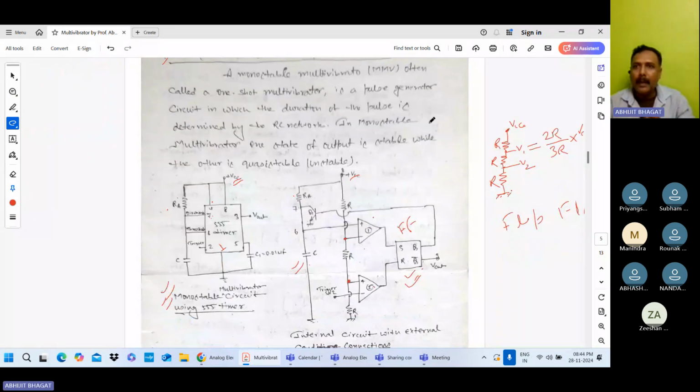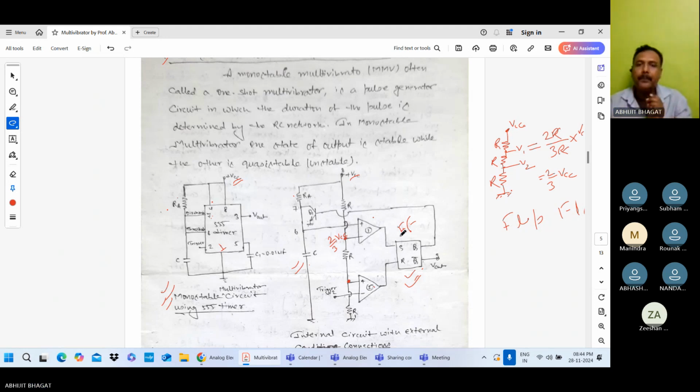So here R and R cancel out. So voltage V1 equals 2 by 3 VCC. So at this point, the voltage is 2 by 3 VCC. Clear? By using the voltage divider, at this point the voltage is 2 by 3 VCC.